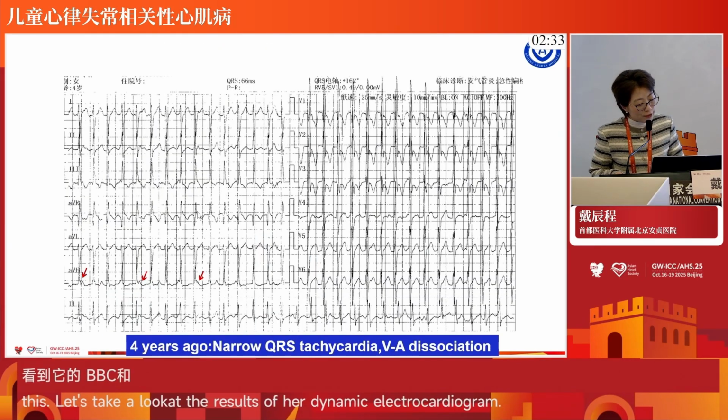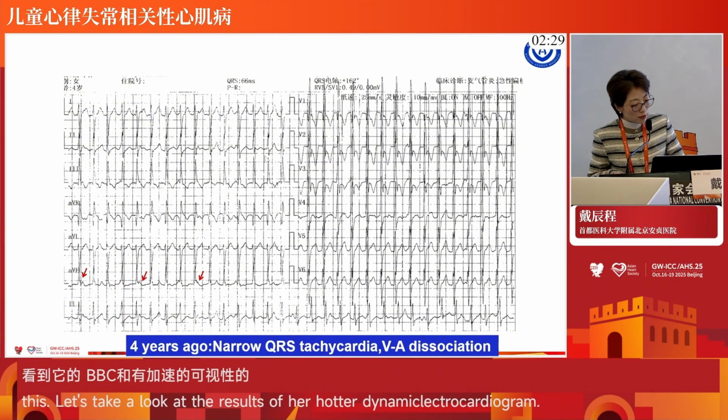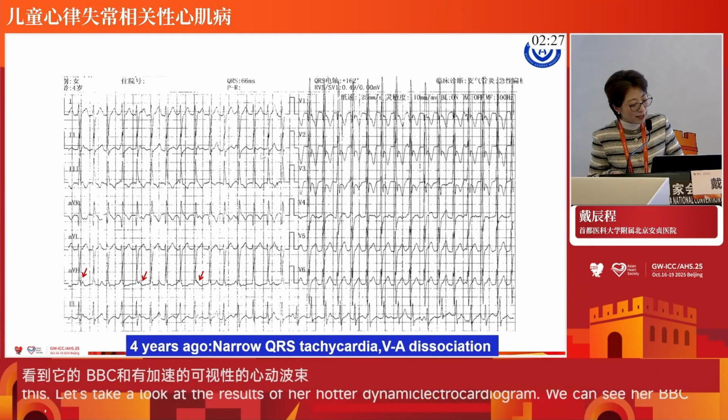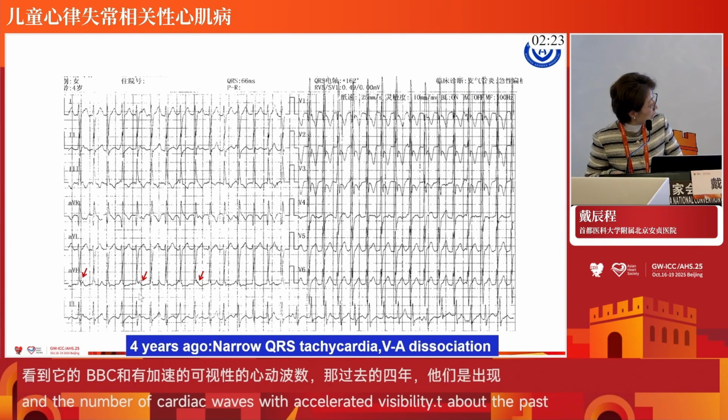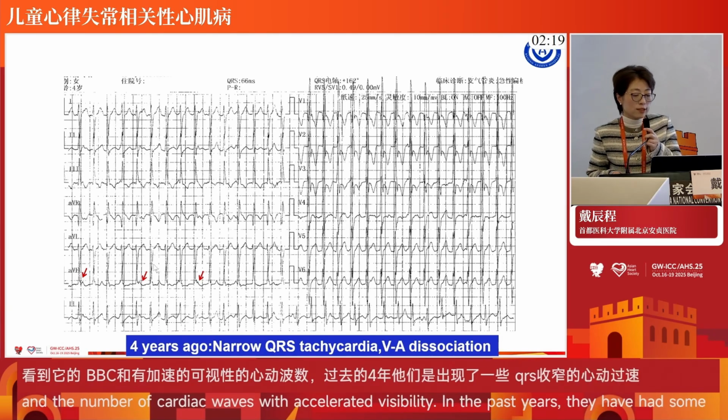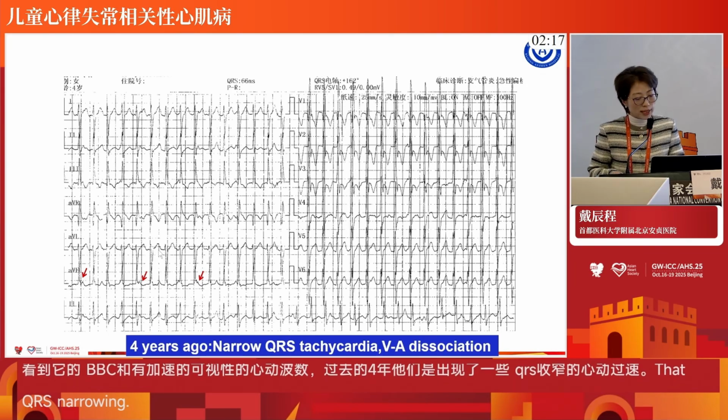And 4 years ago, she suffered from several episodes of narrow QRS tachycardia. We can see VA dissociation. That means this is a VT, not SVT.